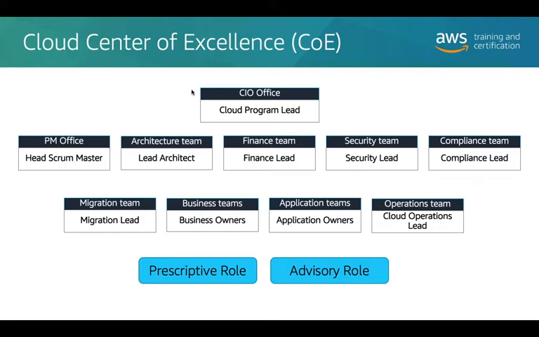So you're going to need to make sure you've got your migration team, have your business teams on board, the application owners themselves, and the operations team leads who will be taking on the applications once they go live. And from that, you would build a RACI chart and determine what the roles and responsibilities will be for each one of those members of that Center of Excellence.